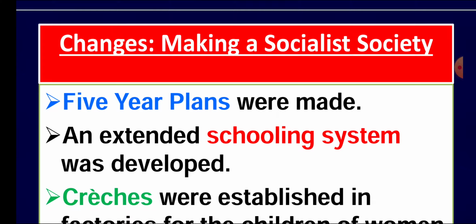After the First World War it emerged as a superpower nation. Only America and Russia became powerful countries after the Second World War, even after the First World War too.